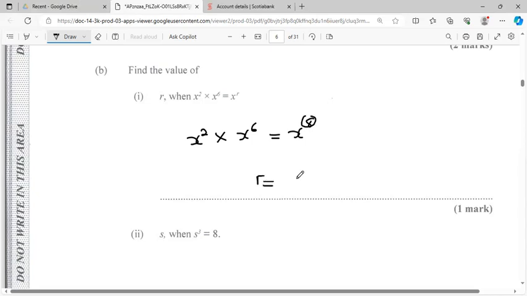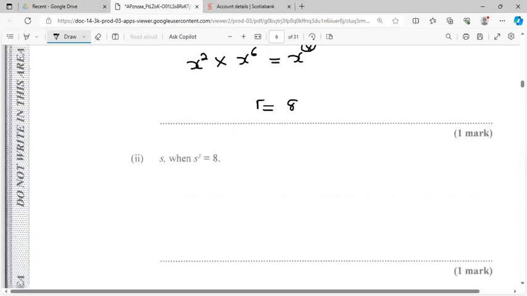And that is only 1 mark. Alright, let's move on to 2. It says the value of s when s raised to the third power is equal to 8. So all they are saying is, what number multiplied by itself 3 times will give you 8. So you can find the cube root basically, and we should know that should be 2. So s is equal to 2. So this one was not bad either.